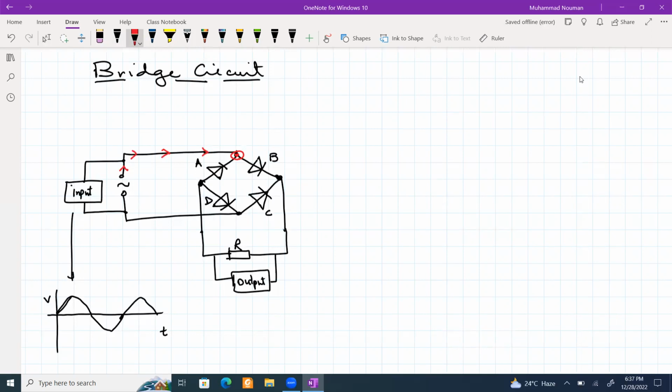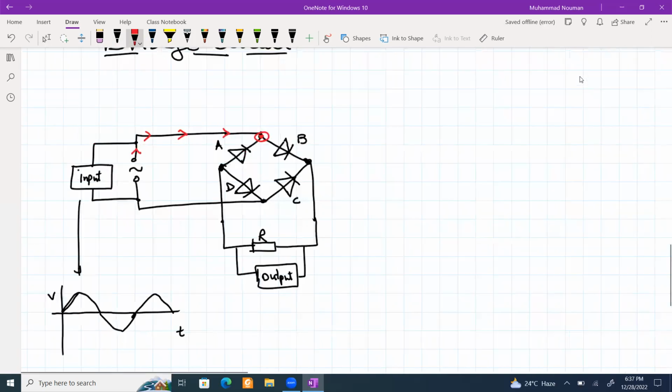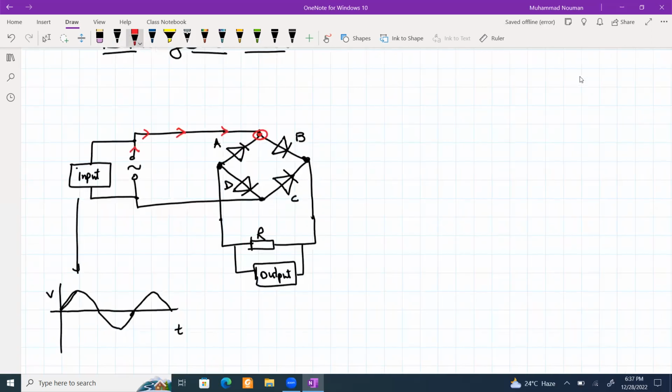At that junction, the current will tend to divide, and some part of the current will go this way towards diode B, and the other one goes this way towards diode A. See clearly that one of the diodes between A and B is going to be forward biased, and the other is going to be reverse biased according to this red colored pulse.